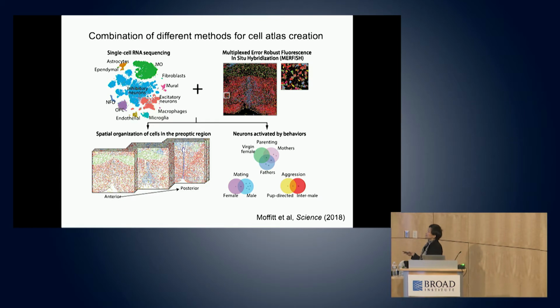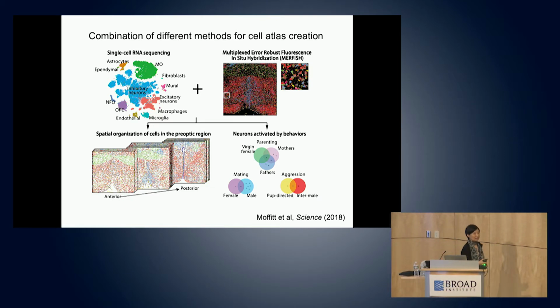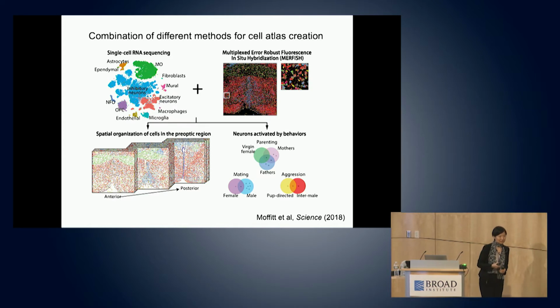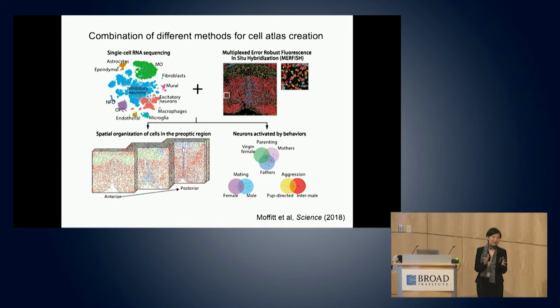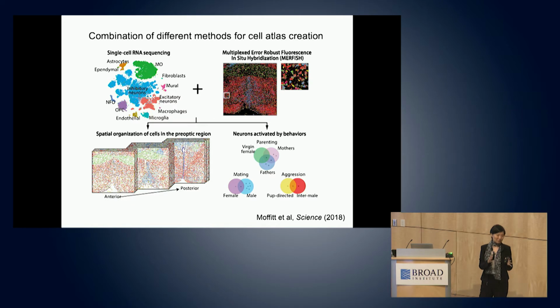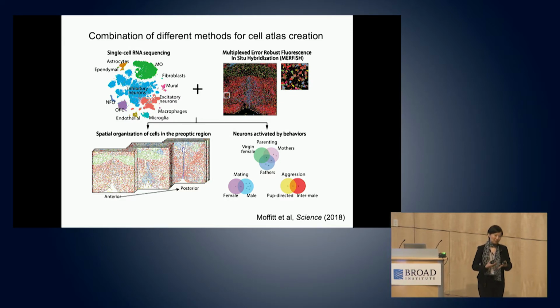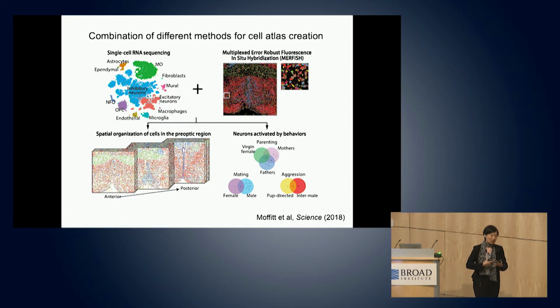The idea is, as many of you know, that single-cell RNA-seq is an unbiased gene expression profiling approach. So it not only can give us a catalog list of the cell types, but also it can help define molecular signatures. And then MERFISH is an imaging-based approach where we do single-cell transcriptome imaging, but that's targeted because we select a set of genes to image individual cells to profile them.